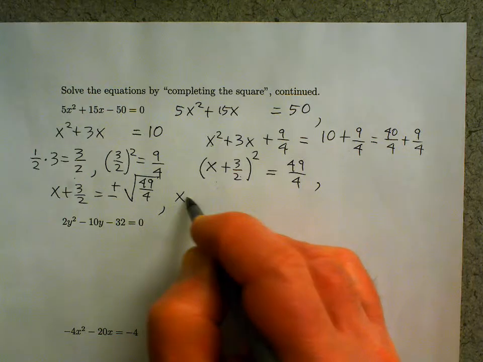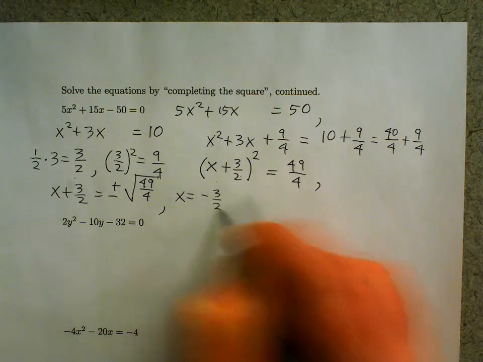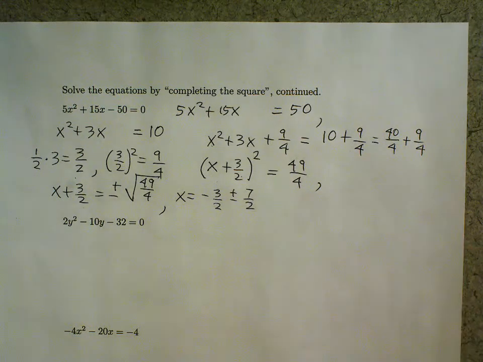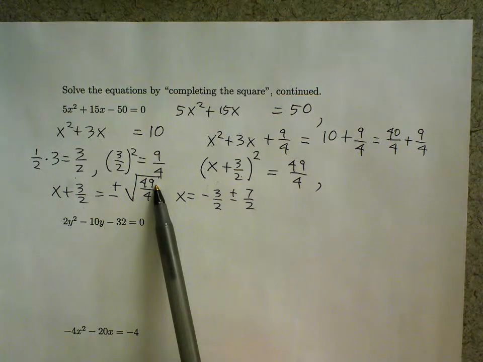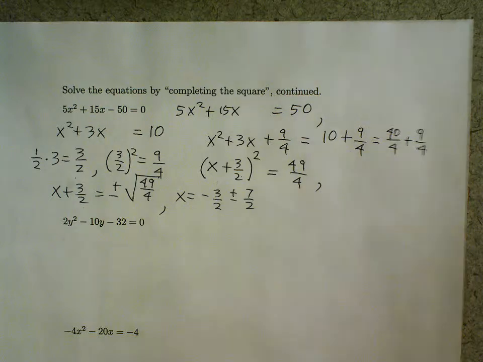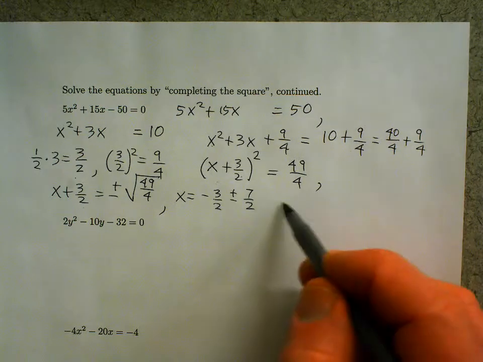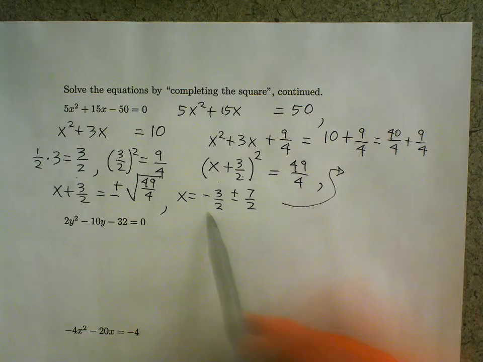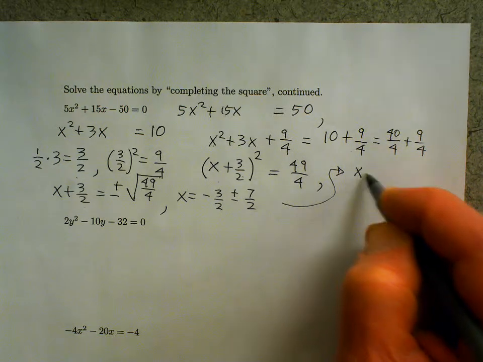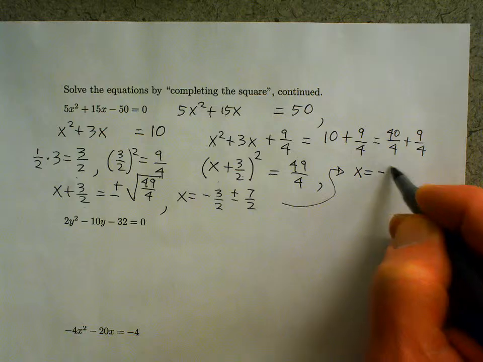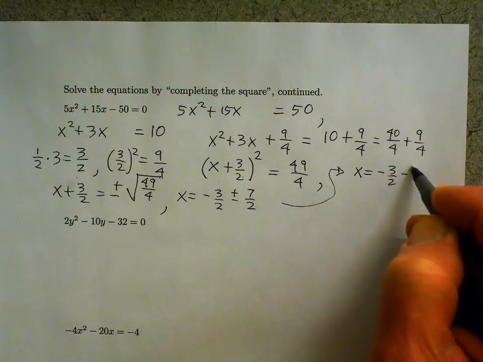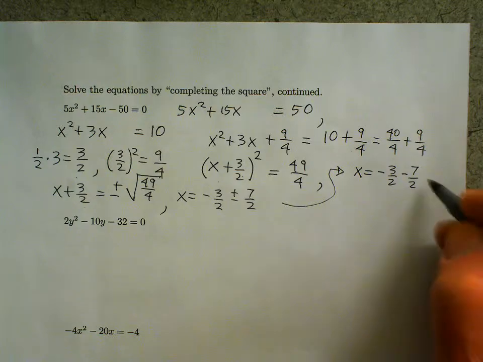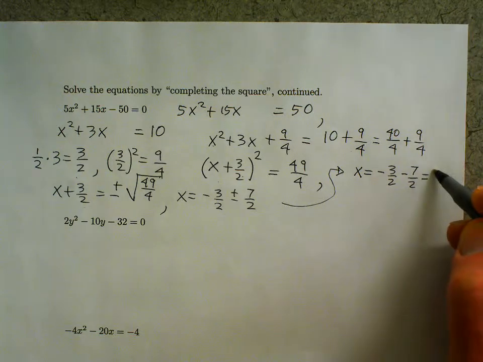So we'll get x equals negative 3/2 plus and minus 7/2, because the square root of 49 is 7 and the square root of 4 is 2. We can simplify further, so we need to write the solutions separately. One solution is x equals negative 3/2 minus 7/2, which is negative 10/2.